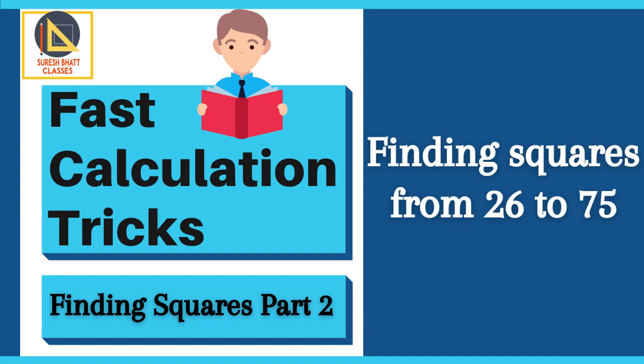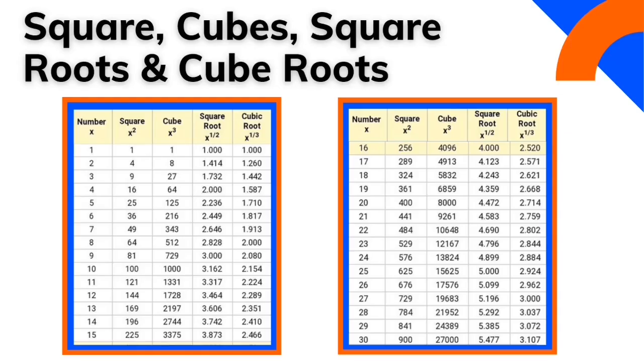In this series of fast calculation tricks, we are going to learn finding squares of integers. But prior to this, as I had already suggested in my video of basics for fast calculation tricks, memorize squares of numbers up to 25. Here I am giving you the chart of squares, cubes, square roots and cube roots from 1 to 30.